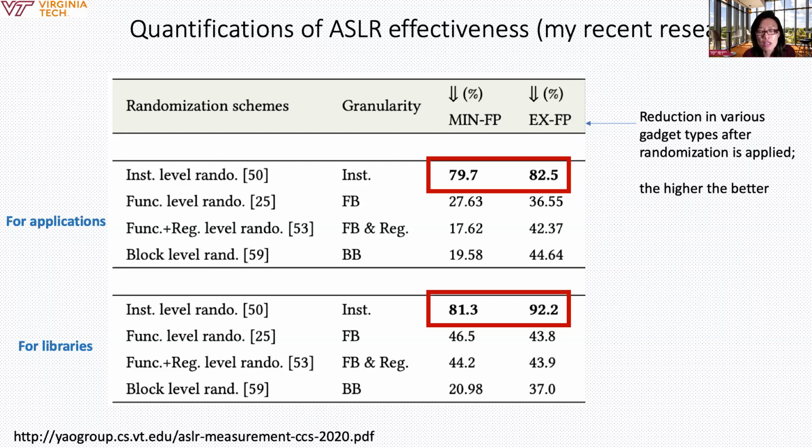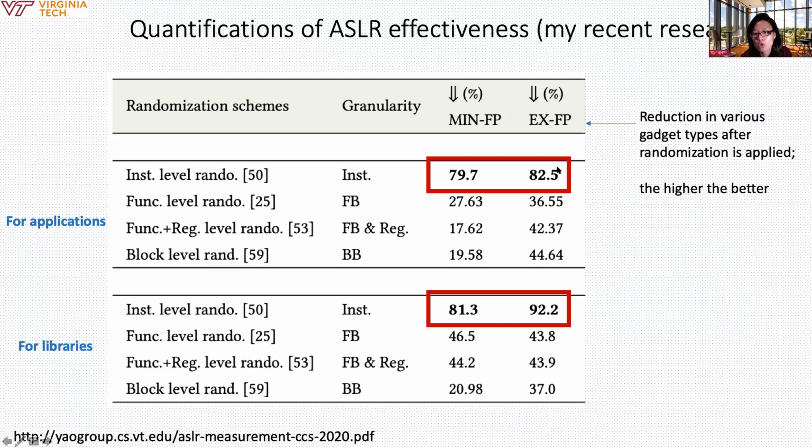On the other hand, with function-level randomization, the offset at the beginning of the function is placed randomly, but within the function, instructions are still sequential and you are still able to find the gadgets.